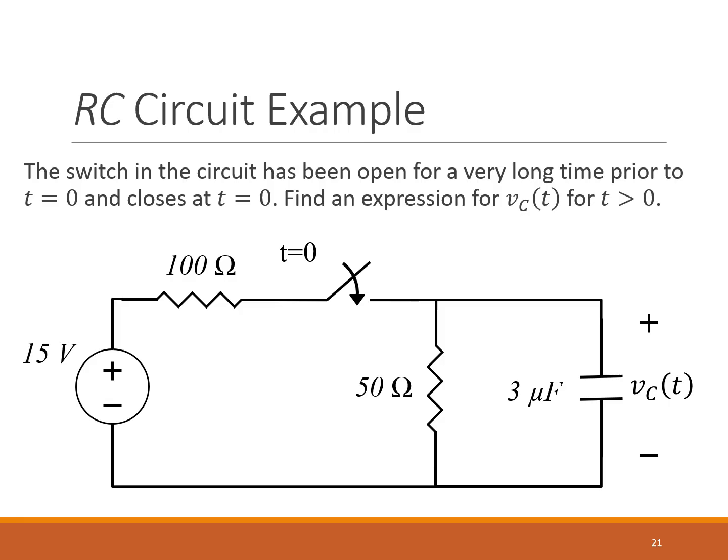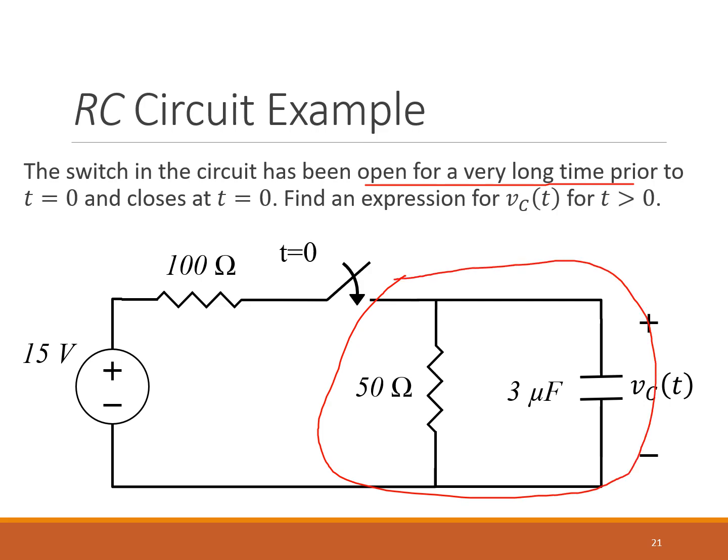One thing that is important to comment on briefly is, what does this mean when we say that the switch has been open for a very long time prior to t equals 0? Essentially we're saying that our resistor and our capacitor over here have been disconnected from any type of voltage or current source for a very long time.